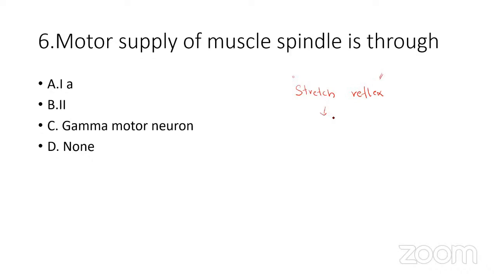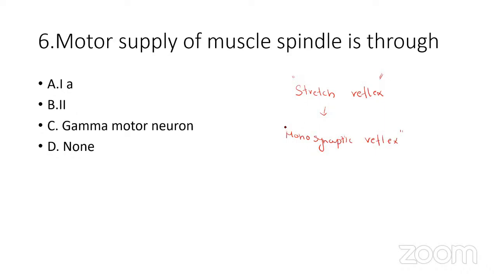What is an example of stretch reflex? It's the knee jerk. When we strike our patellar tendon with the knee hammer, it responds. We will get a jerk. So knee jerk is a stretch reflex. It is an example of a monosynaptic reflex.